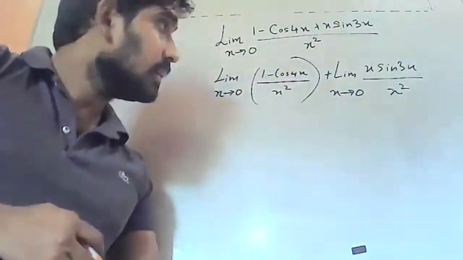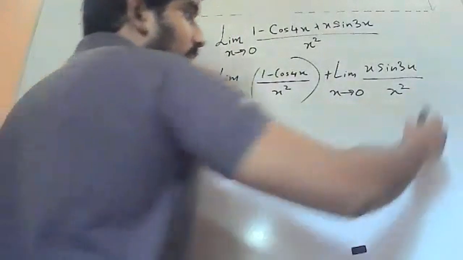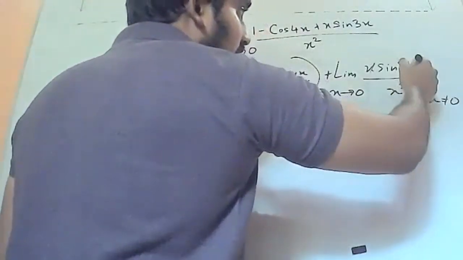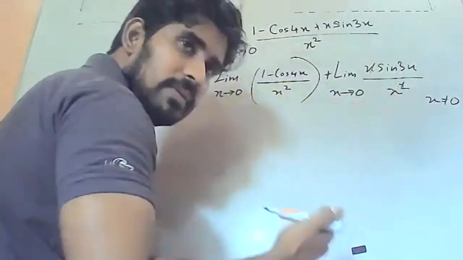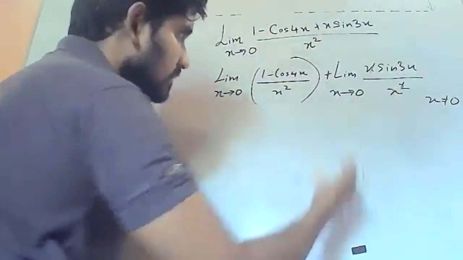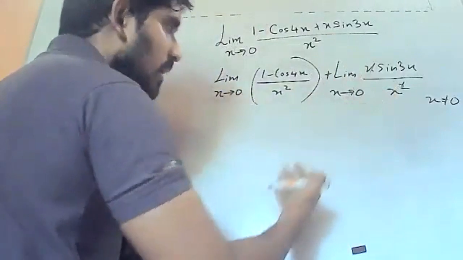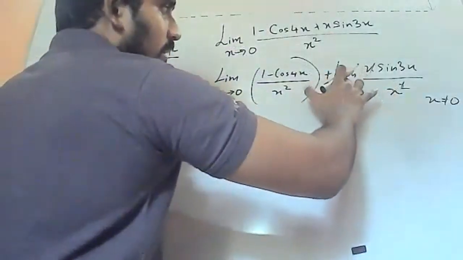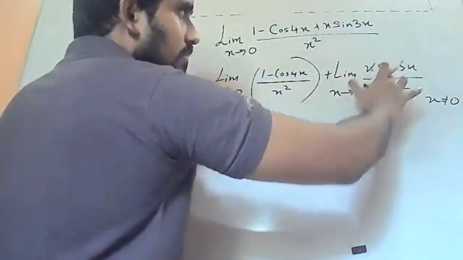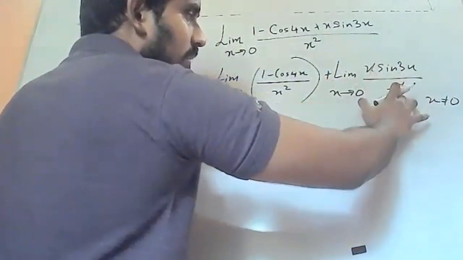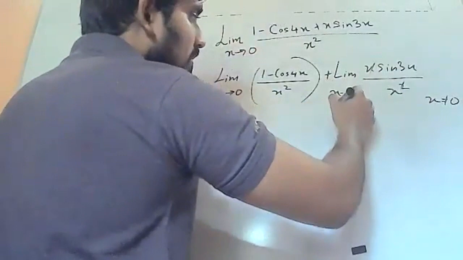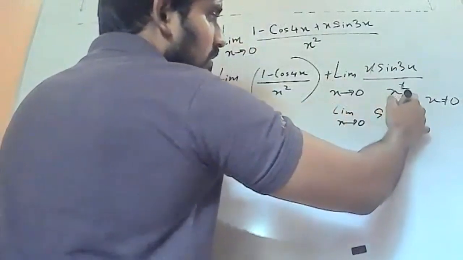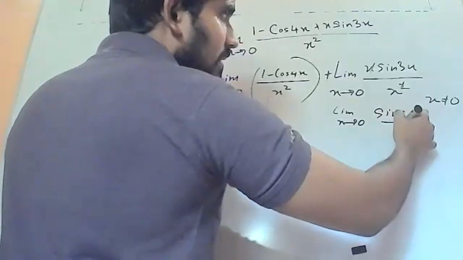Now, by considering x does not equal 0, you can cancel x and x. I will complete the problem in two different lines. Here, limit x tends to 0, sin 3x divided by x.